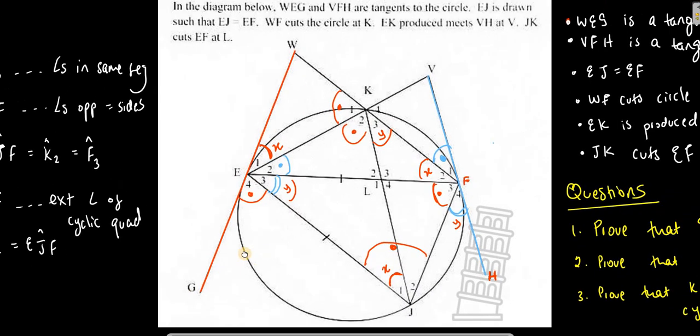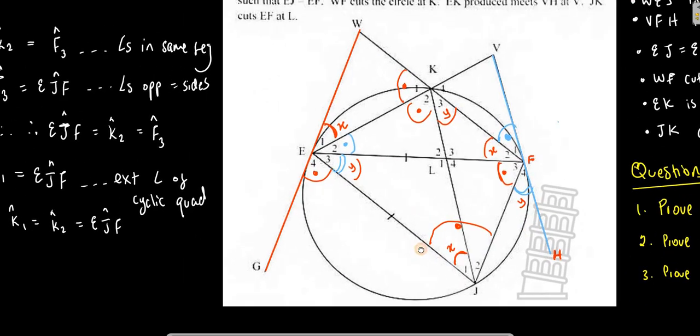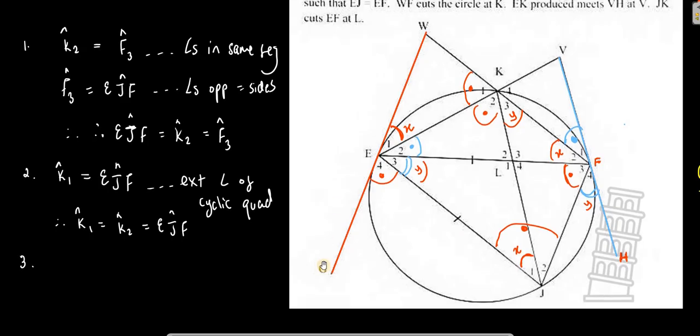Right. A last question. Prove that KLFV is a cyclic quad. KLFV. So let me just highlight KLFV. Okay, we need to prove that this thing here is a cyclic quad, KLFV, right?